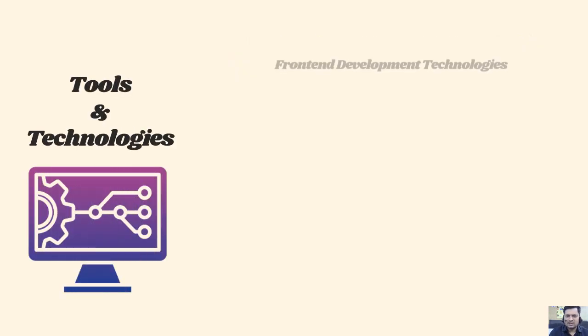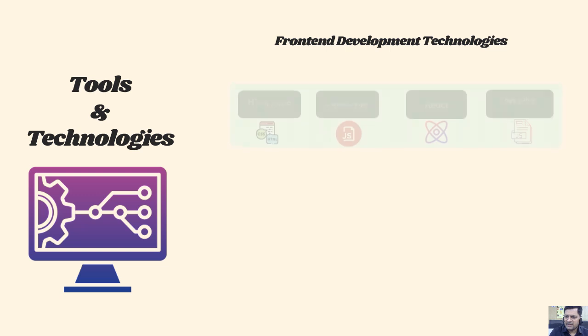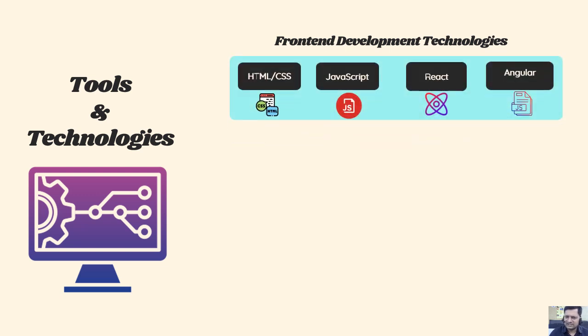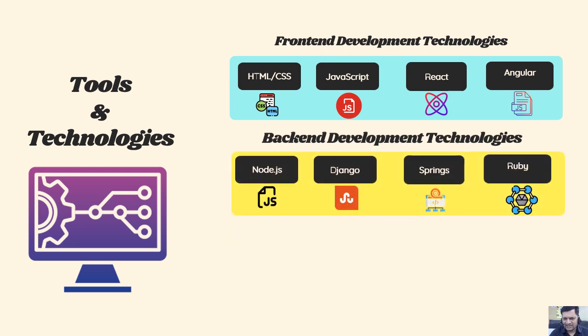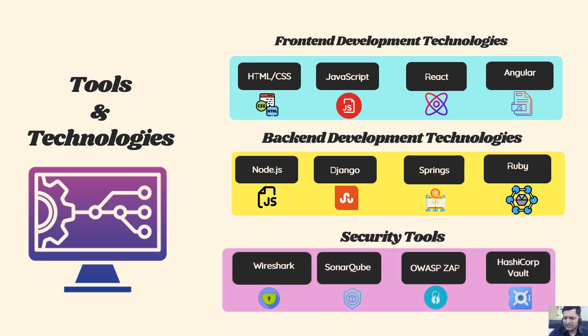For front-end development technologies, I can go for HTML, CSS, JavaScript, React, Angular. For backend development, we can go for Node.js, Django, Spring, Ruby. Some security tools are also available, like Wireshark, SonarQube, OWASP ZAP, and HashiCorp Vault.